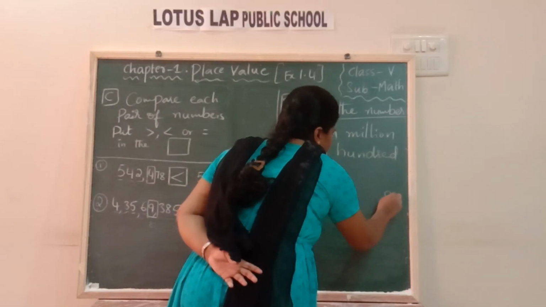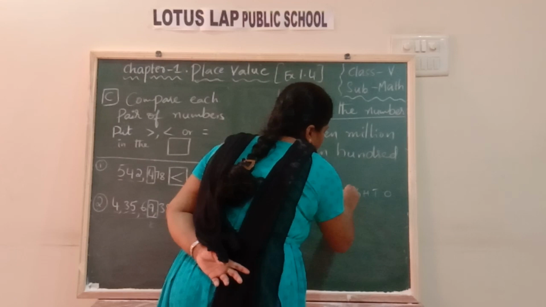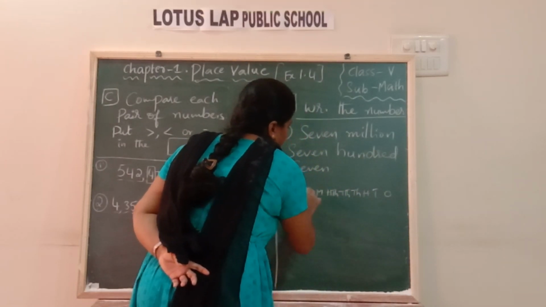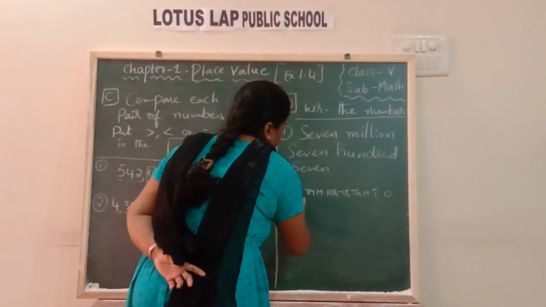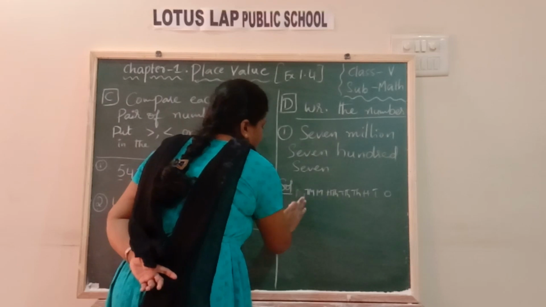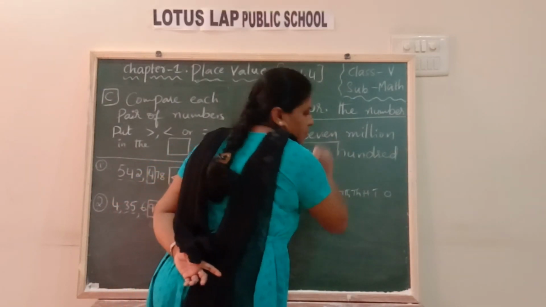Just write the places first. Ones, tens, hundreds, thousands, ten thousands, hundred thousands, millions, ten millions. Okay, hundred millions. If you want, you can write it. Okay, let's leave it at ten millions. Now you just see here 7 million.